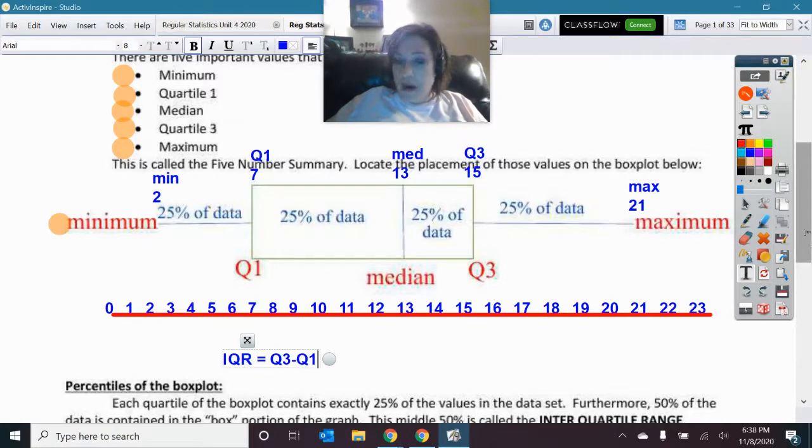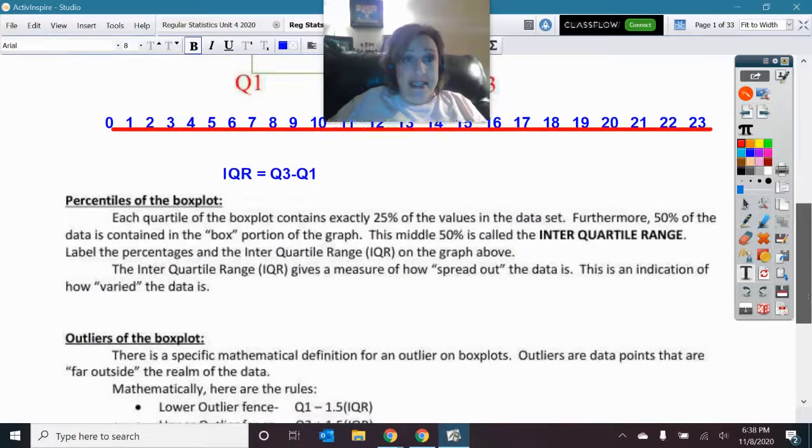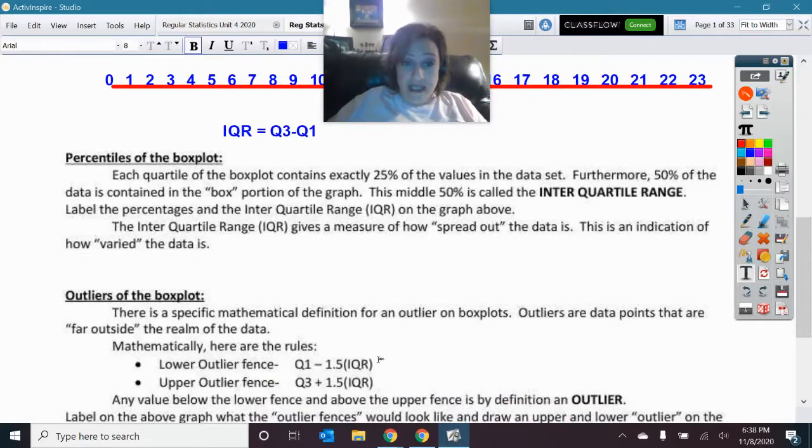Okay? All right. So what I would do in this case, if we were looking mathematically, I would take Q1, which was 7, and I would subtract 1.5 times that IQR of 8. And so then I'm going to get this lower fence. And so what is that? 7 minus 12. Okay, so then that's going to give me -5.